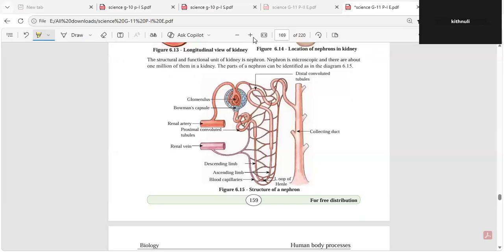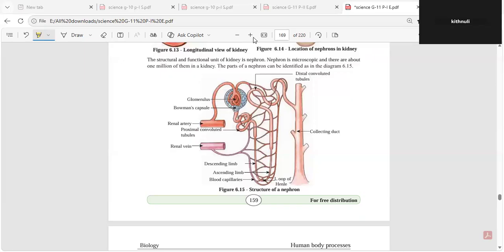That renal artery supplies the blood to the nephron, and that blood will flow out through the renal vein, right?